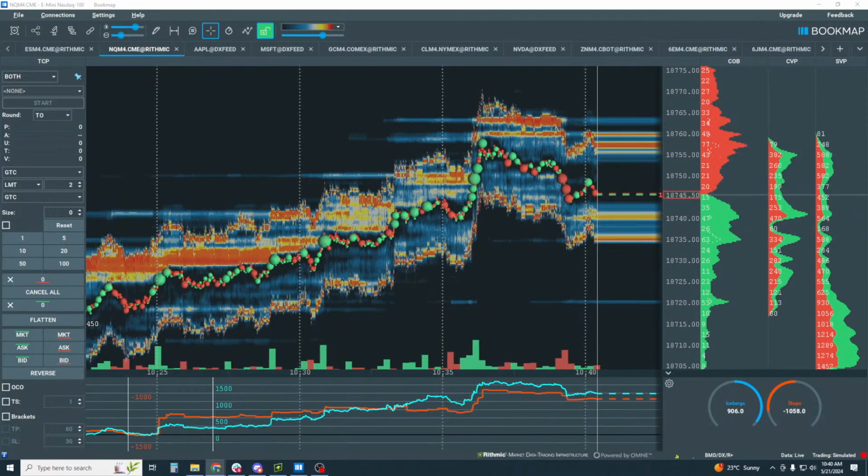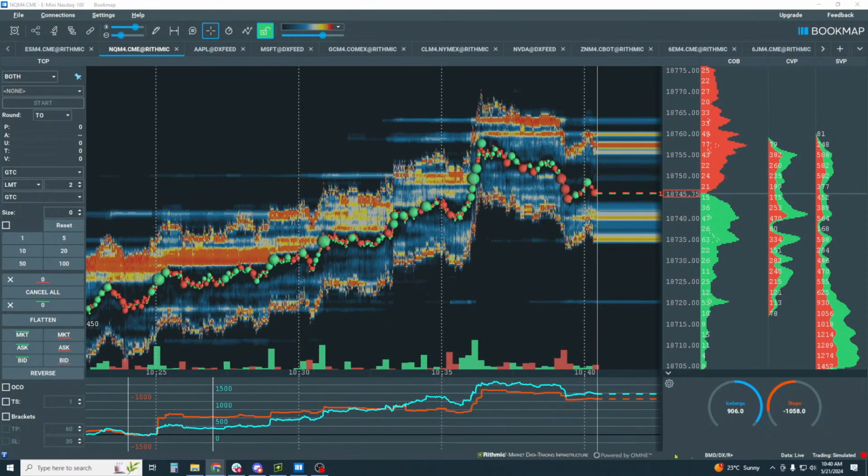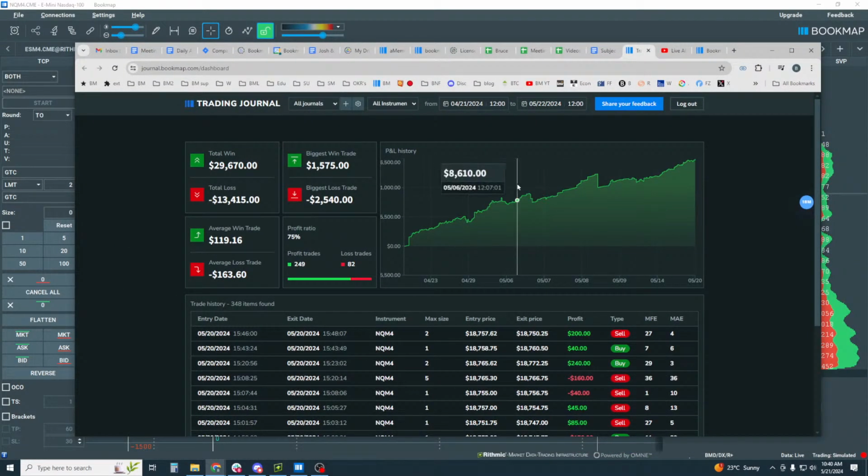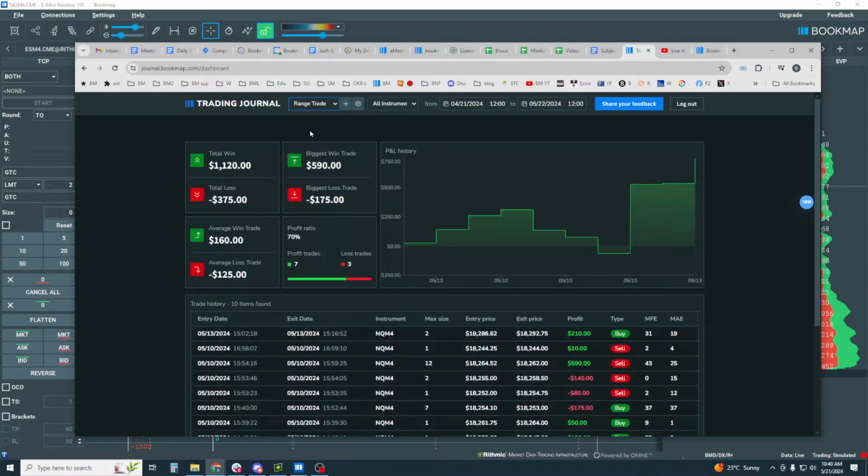There are some other things I wanted to show you too. The trading journal product here, you should all have access to it soon. You can add journals up here: all journals, main journal, and then I made the small one, trading range, to check something out and test it out.